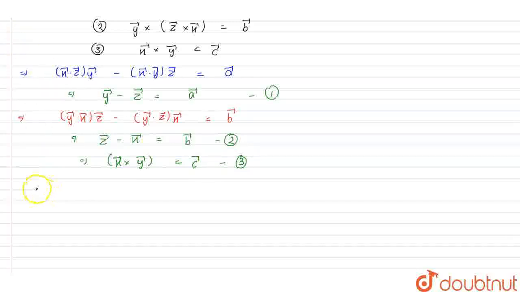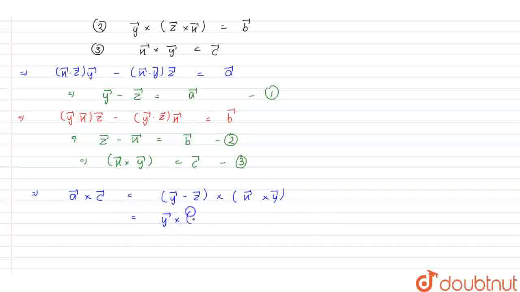Now if we calculate a vector cross c vector, then this will be equal to (y minus z) cross the cross product x vector cross y vector. This gives us y vector cross (x vector cross y vector) minus z vector cross (x vector cross y vector).